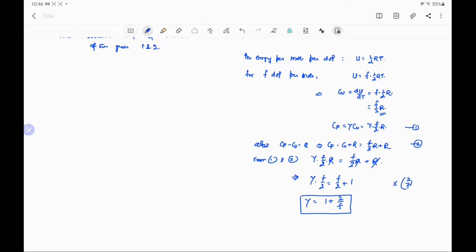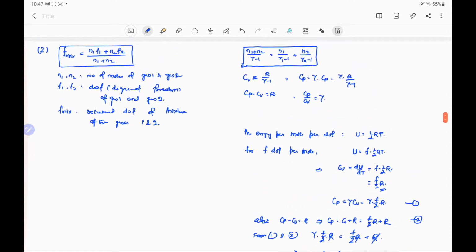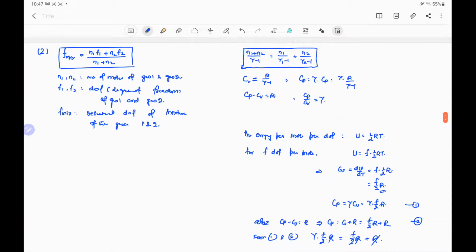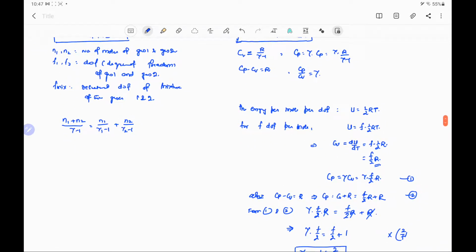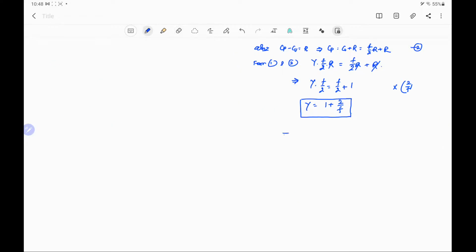And now using this relation, we can derive the desired equation. We already derived the relation that N1 plus N2 by gamma minus 1 equal to N1 by gamma 1 minus 1 plus N2 by gamma 2 minus 1. And we know that gamma is equal to 1 plus 2 by F. This equation can be further written as gamma minus 1 equal to 2 by F, or 1 by gamma minus 1 equal to F by 2.